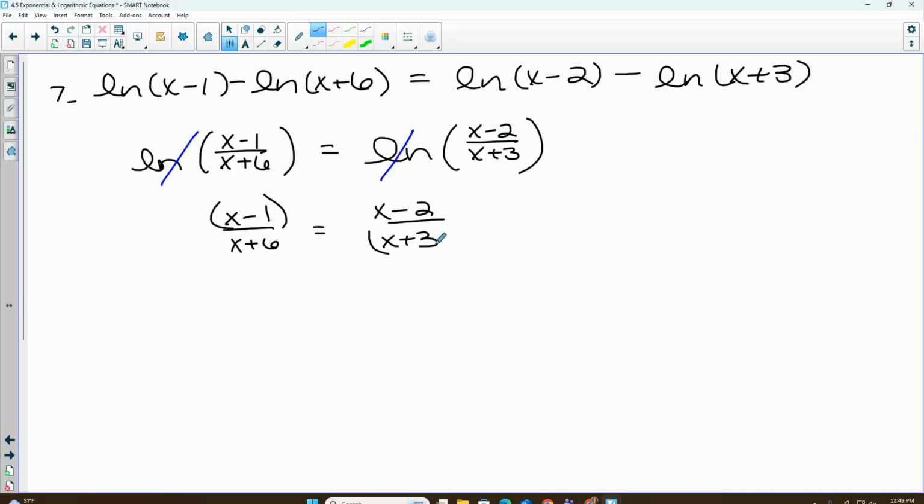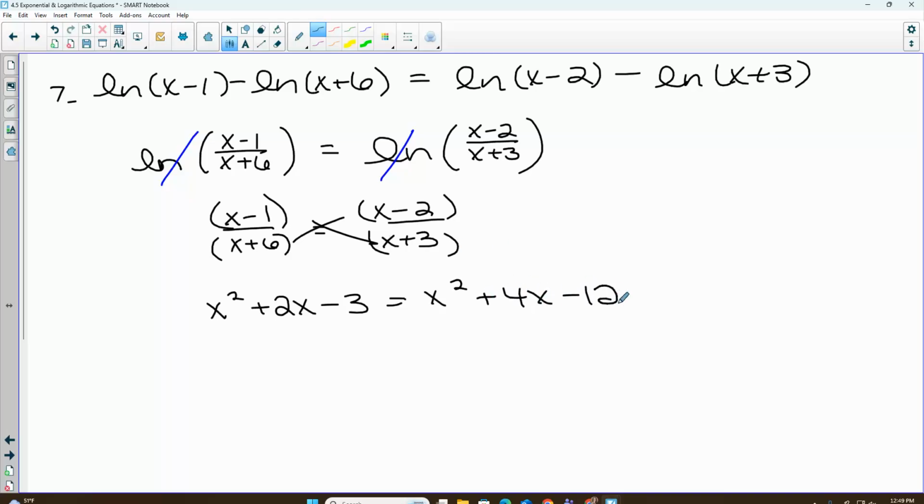If we FOIL those, x squared plus 3x and minus 1x plus 2x minus 3. By those, we get x squared plus 6x and minus 2x would be plus 4x minus 12.